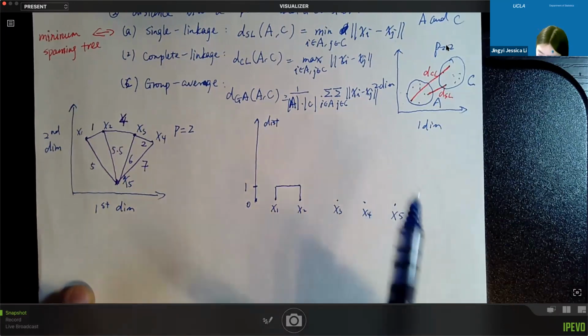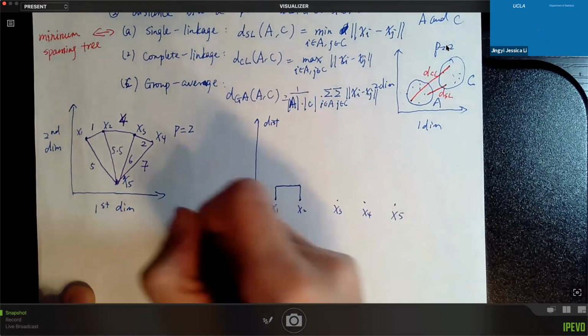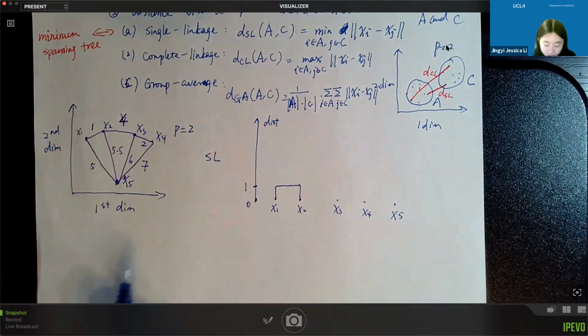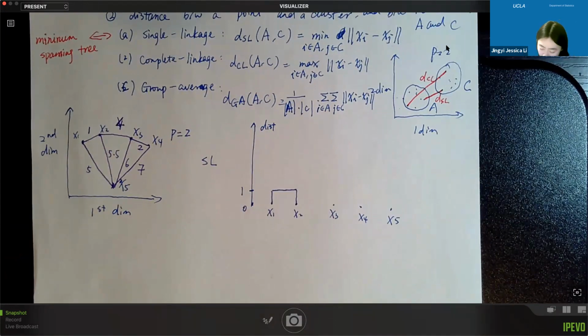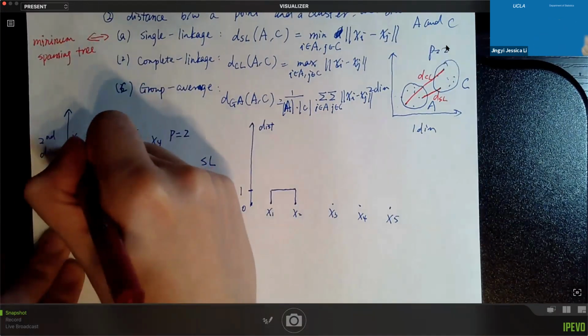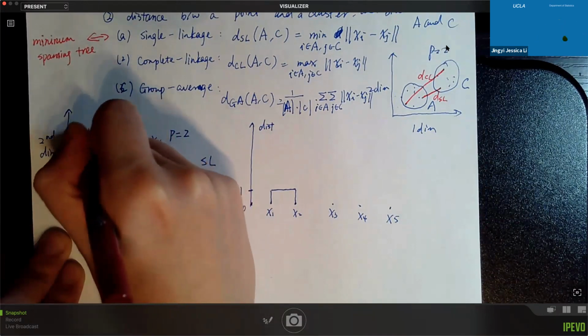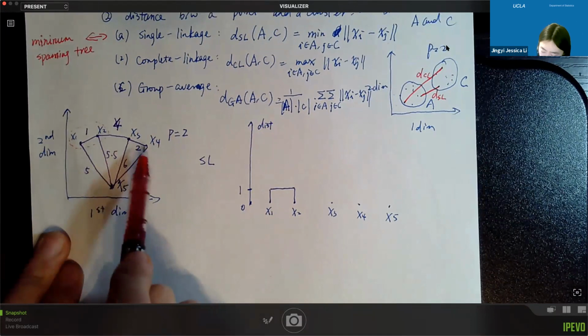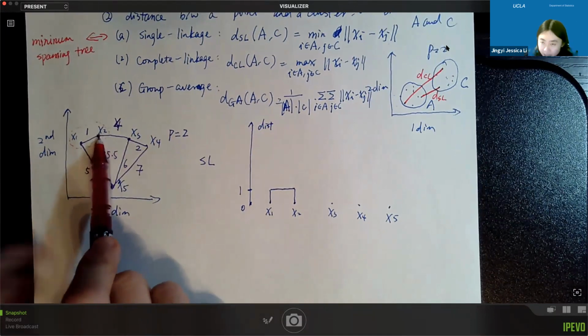So I'm going to use single linkage. Given this cluster, I need to compute its distance with x3, x4, x5. So using single linkage, I pick the closest distance, right?